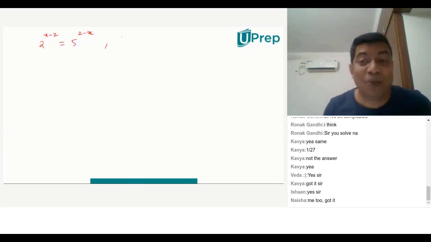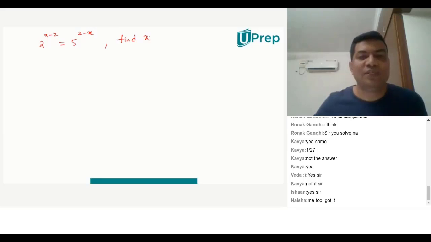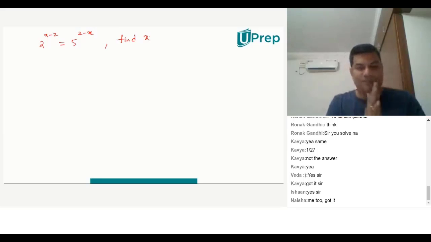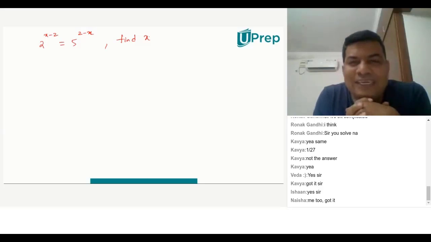This is a very good question. 2 power x minus 2 is equal to 5 power 2 minus x. Find x. This is a real good question, testing your strong fundamentals of numbers and exponents and powers.